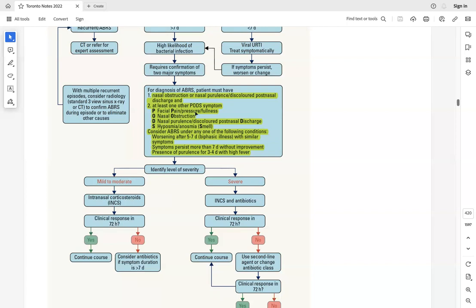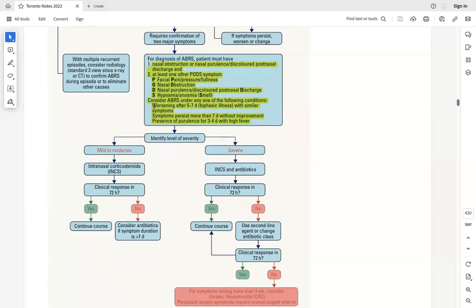Facial pain or pressure or fullness, nasal obstruction, nasal purulence or discolored postnasal discharge, hyposmia, anosmia. He cannot smell anymore, or the smell has changed. So altered smell, all of these are the warning signs. It means that now it is a bacterial infection and we have to do something for it.